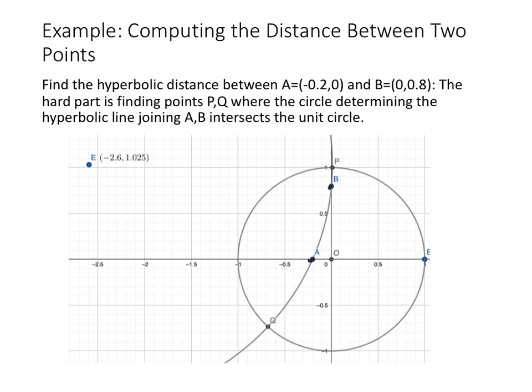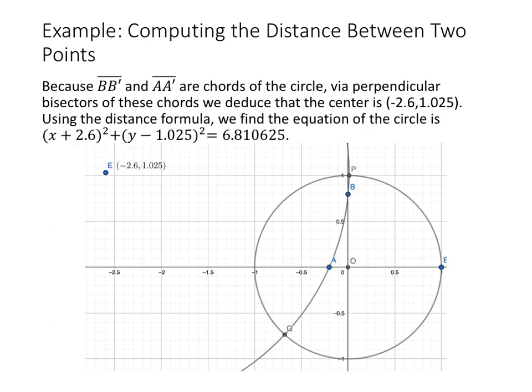You might remember from the hyperbolic distance formula that to make the computation, I'm going to need to know the coordinates of the points P and Q, where the circle that determines the hyperbolic line joining A and B meets the unit circle.